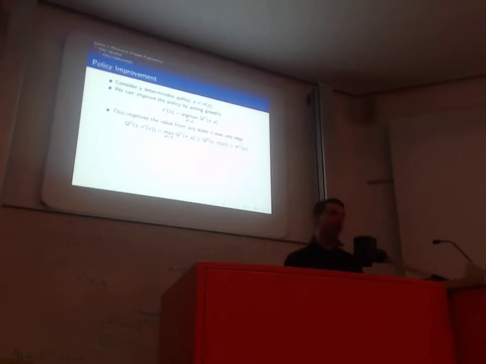Okay. Now just a little bit of theory, so bear with me for a second. What we really need to show is just one key fact, which is that this is guaranteed to improve the policy everywhere. In other words, what we want to show is that the value of pi prime is at least as good, greater than or equal to, the value function that we started with in pi.